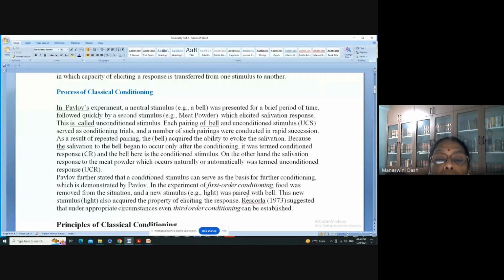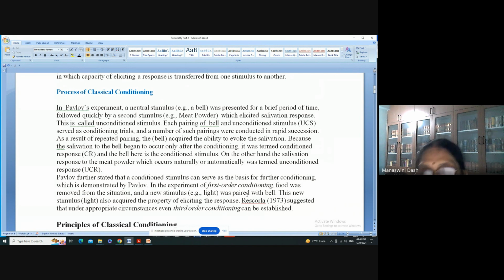When we present repeatedly the bell quickly followed by food, what happens? Gradually the bell acquires the ability to elicit salivation in the dog.